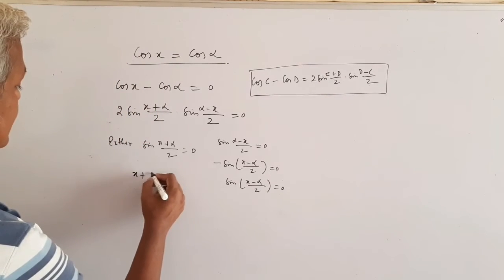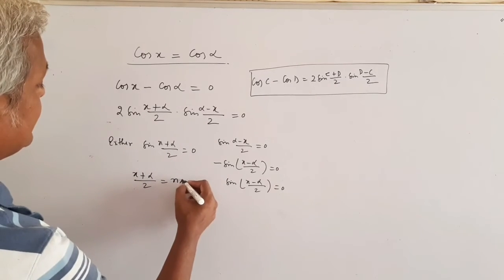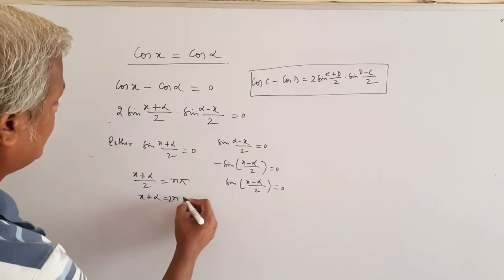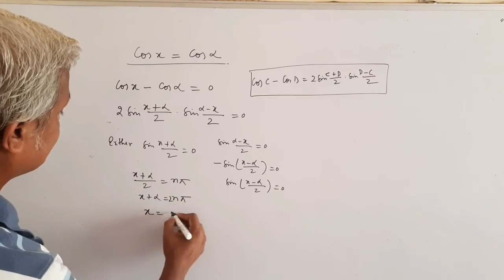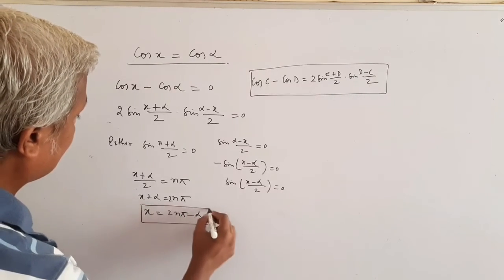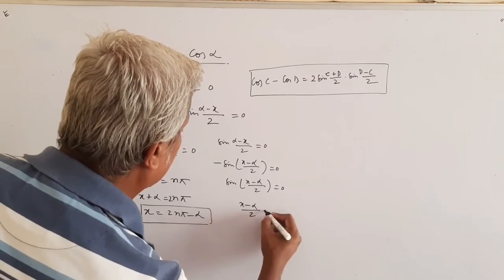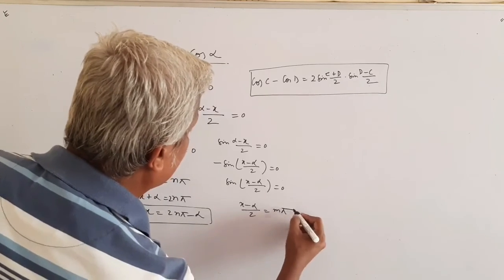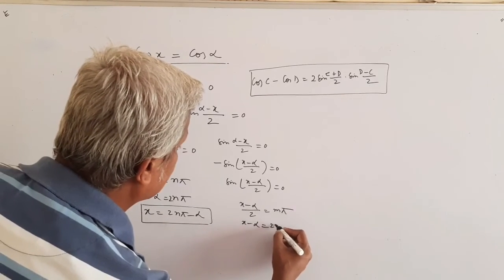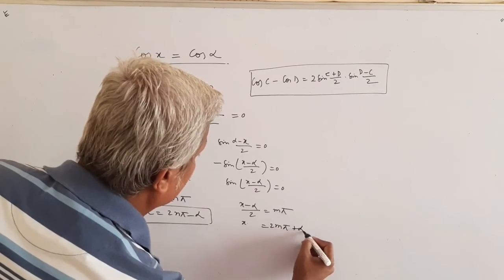So x plus alpha by 2, when sine is 0, what is the solution? That is n pi. So x plus alpha is 2n pi, x is 2n pi minus alpha, and here x minus alpha by 2 is m pi. m is also an integer, I can write n also. x minus alpha is 2m pi and x equals 2m pi plus alpha.